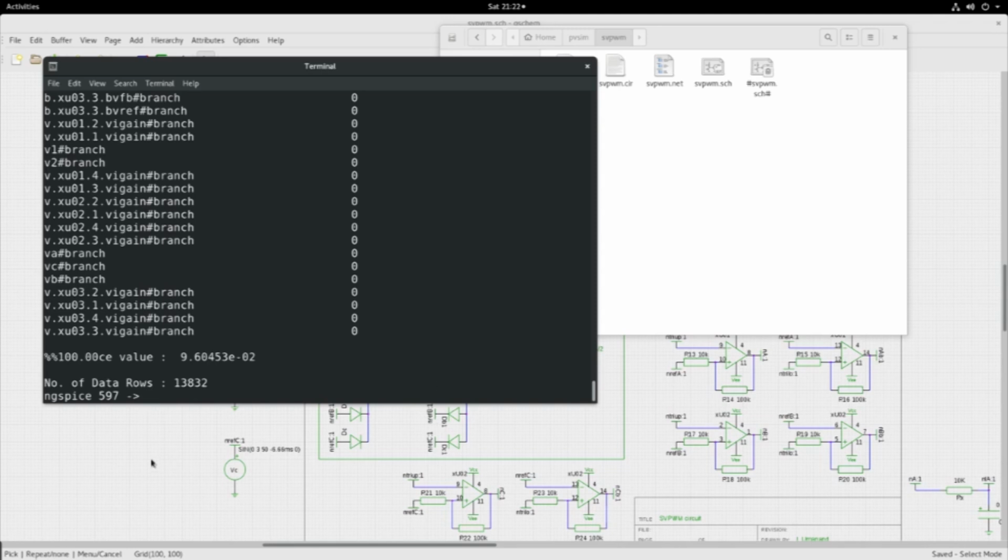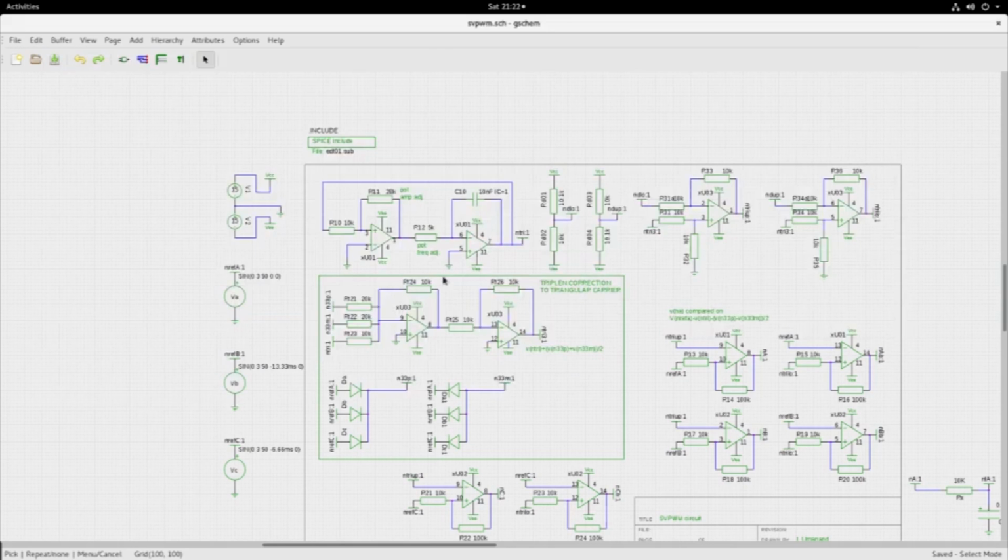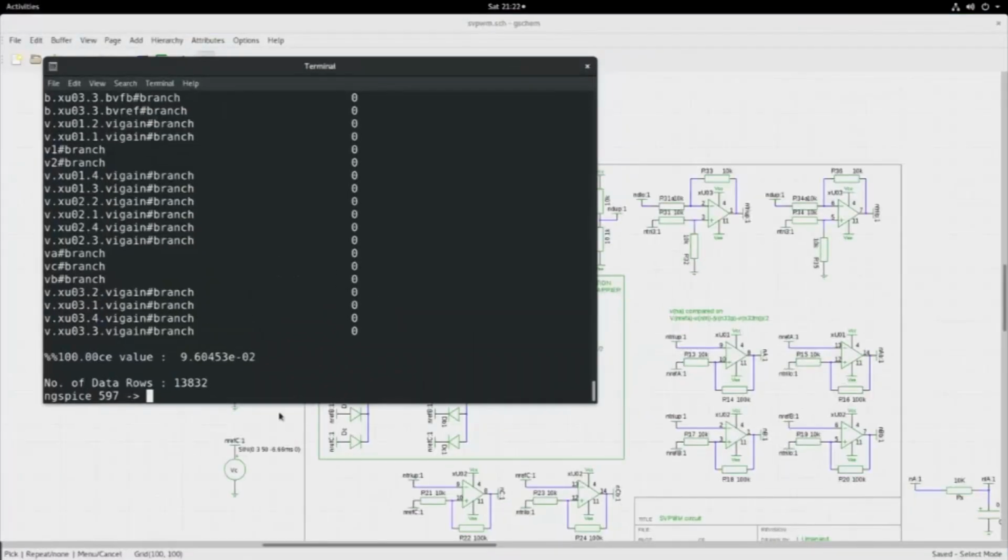Now let us plot. What do you want to see? Now let us see whether this triangle is generated. There is a node I have, NTRI and NTRI3. This is the triplen compensated, and this is the original triangle. So let us go in there and then plot NTRI and NTRI3, triplen with third harmonics.